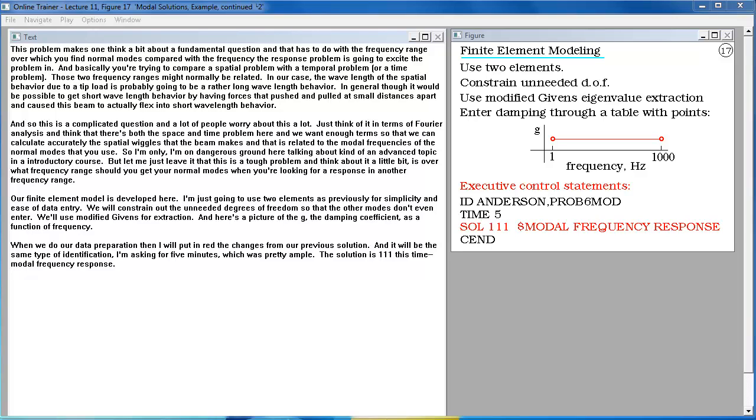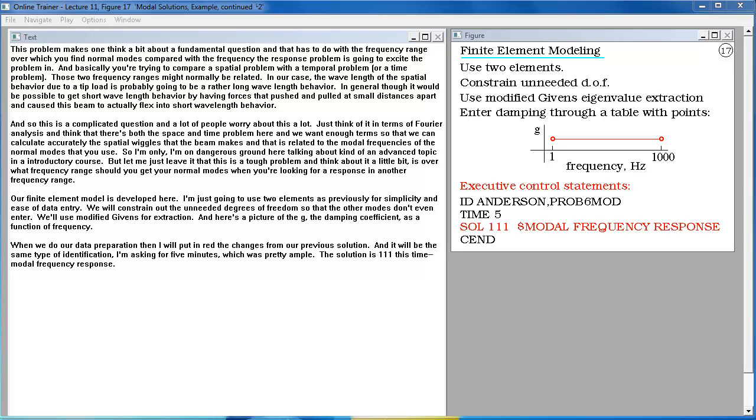In our case, the wavelength of the spatial behavior due to a tip load is probably going to be a rather long wavelength behavior. In general, though, it would be possible to get short wavelength behavior by having forces that pushed and pulled at small distances apart and cause this beam to actually flex into short wavelength behavior. And so this is a complicated question, and a lot of people worry about this a lot.